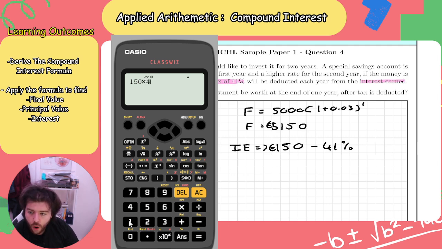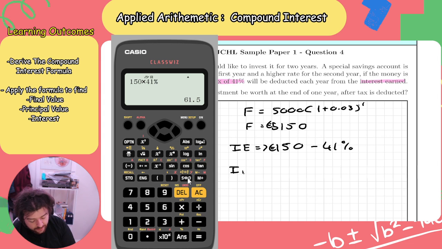Multiply 4, 1. Now I need to get my percentage symbol, so I need to multiply by the percentage I'm finding. It's going to be shift answer. And now I have 150 times 41% equals €61.5.